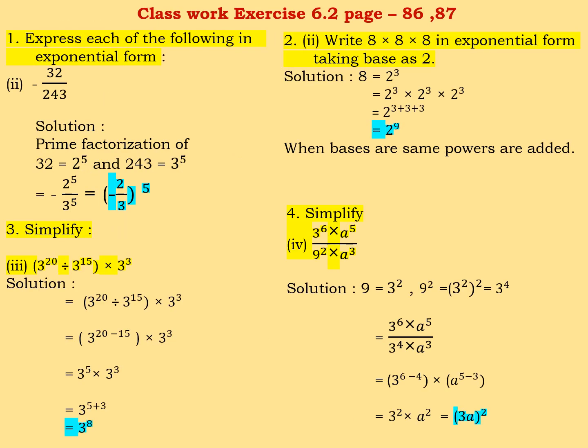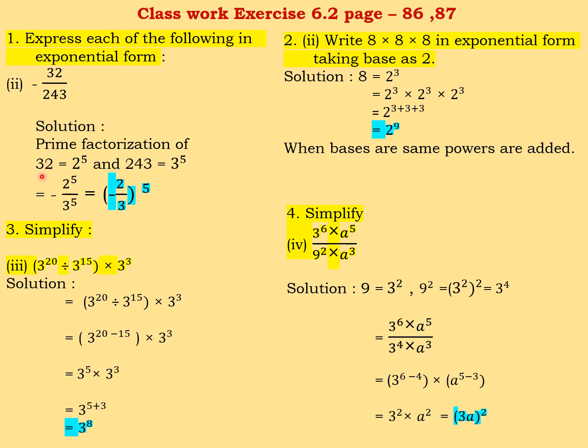So let us move to exercise 6.2 of page 86 and 87. Question number 1, express each of the following in exponential form. Exponential form we have already done. Whatever numbers are given, you have to prime factorize the number and write it in power form. So here the number is minus 32 by 243.